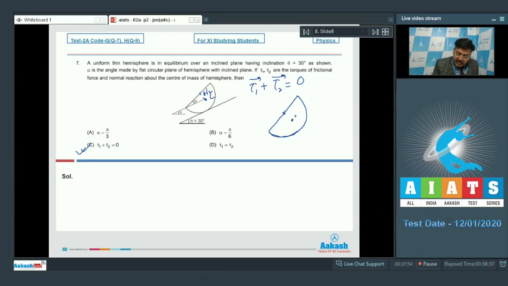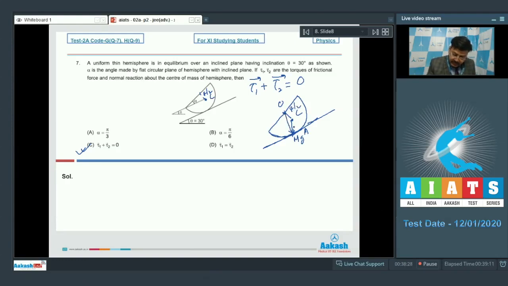This is the center of mass, C. And for equilibrium, one thing is for sure: the vertical line through C, the line of mg, must pass through the point of contact. So this is the point of contact. Let's call it A. And this is the center of curvature. Now this distance we know is r by 2.